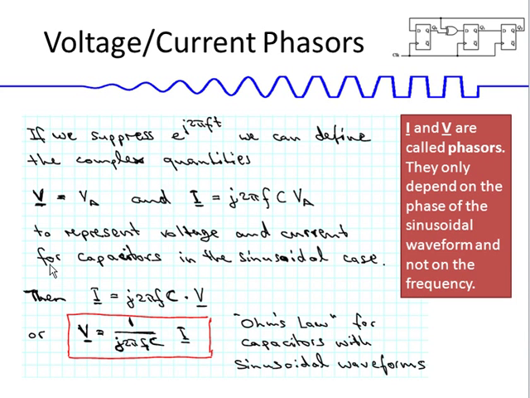And then we can actually write that, first we start from this expression here, I is equal to j2 pi fC times V, which you can verify by looking back to the previous slide. Or to put it into the form like Ohm's law, where V is equal to some quantity times I, we can write it as V equal to 1 over j2 pi fC times I. So this is essentially Ohm's law for capacitors when sinusoidal waveforms are used.